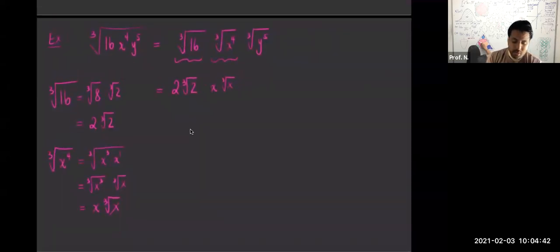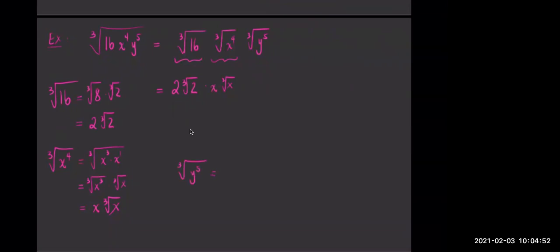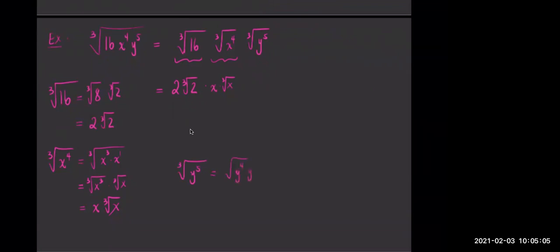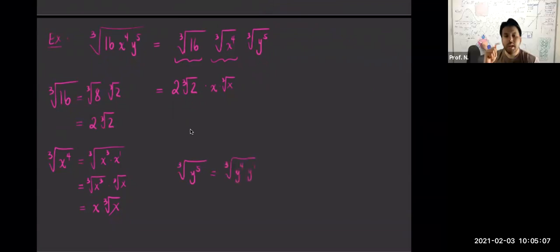Now, how do we break down the cube root of y to the fifth power? Wouldn't it be y to the fourth times y to the first? You're correct in saying that y to the fourth times y to the first is y to the fifth. However, y to the fourth is not a perfect cube.